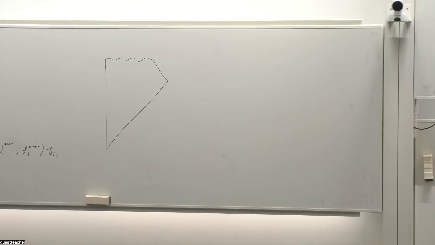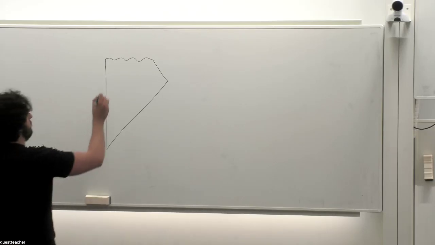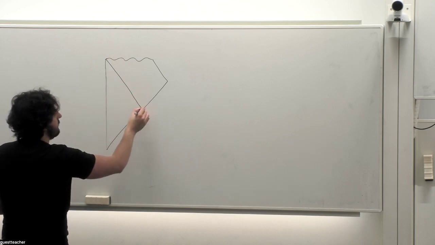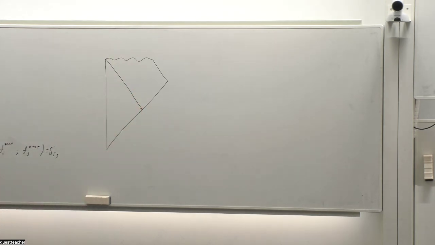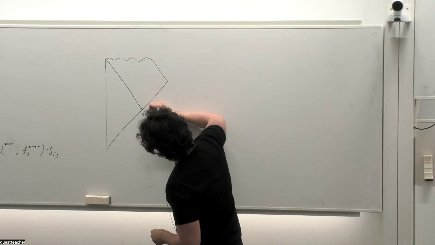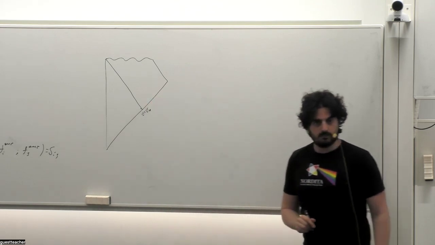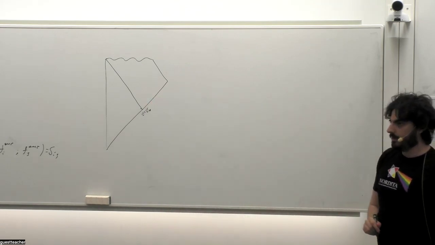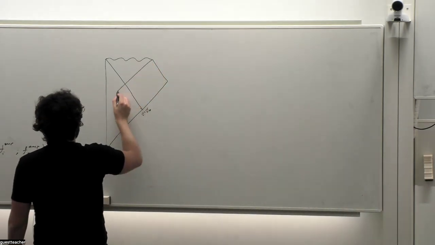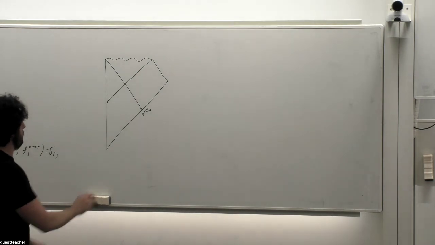But in order to remove all the difficulties, we are going to specify the matter which is creating the black hole, which is a single null shell at V equals V_0. Okay? So then we have the event horizon.